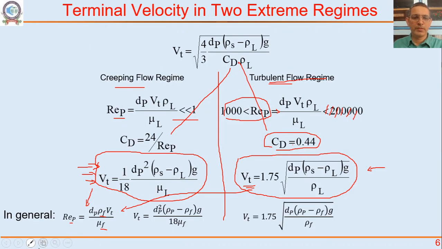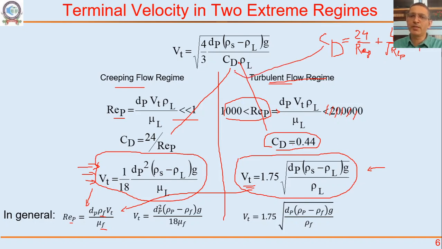So let me just write that. Our CD was 24 by REP plus 4 divided by square root REP plus 0.4, and REP depends on terminal velocity.